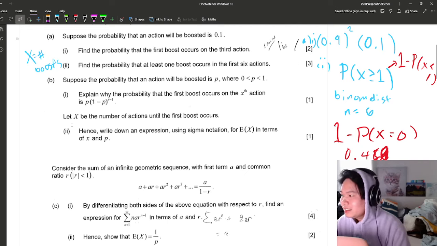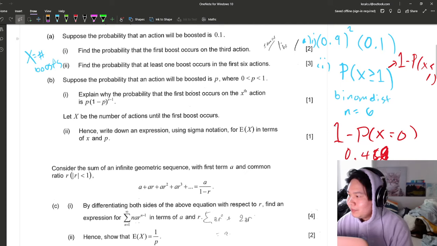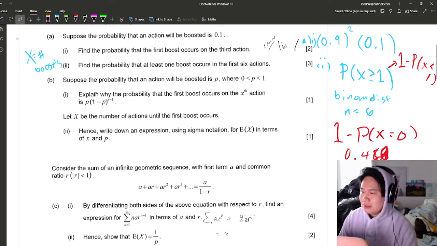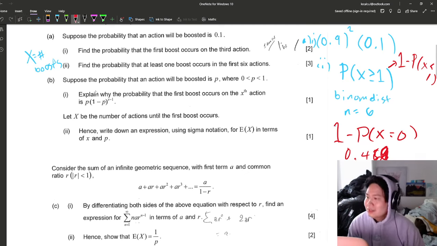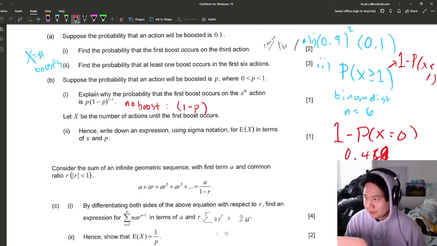Okay, what's next? Suppose that the probability that an action is boosted is p. Explain why the probability that the first boost occurs in the X'th action is this. Okay, well, why do you need to explain it? I don't know how they want you to explain it. It's only worth 1 mark, but the probability of no boost is 1 minus p, right?